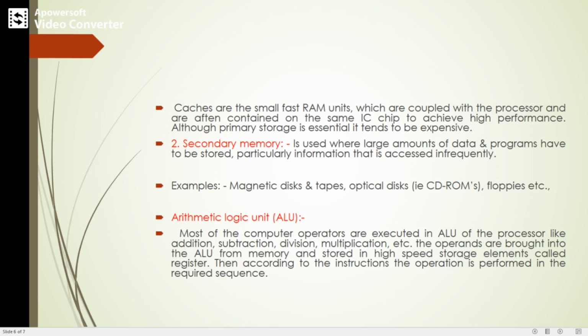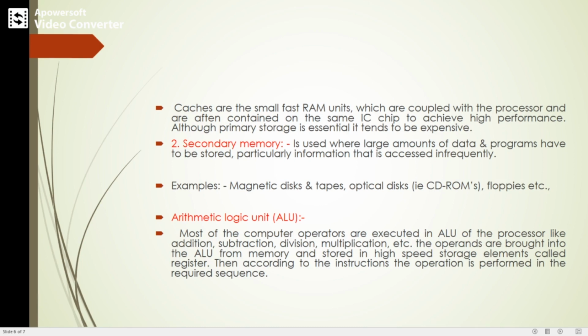The next functional unit is the arithmetic and logical unit. We know that a computer performs both arithmetic as well as logical operations. The logical operations may be AND, NOT, NOR, XOR operations, etc. It may perform arithmetic operations like addition, subtraction, etc. The operands are brought into the ALU from the memory and stored in high-speed storage elements called registers.